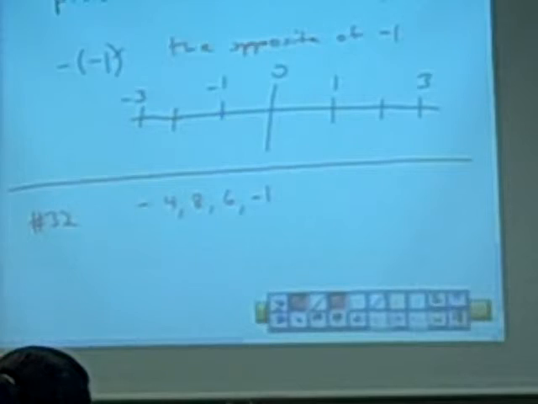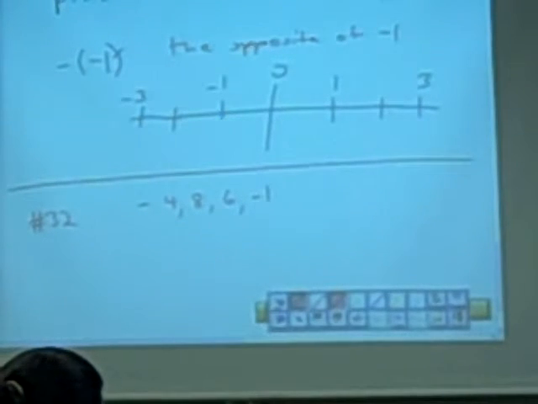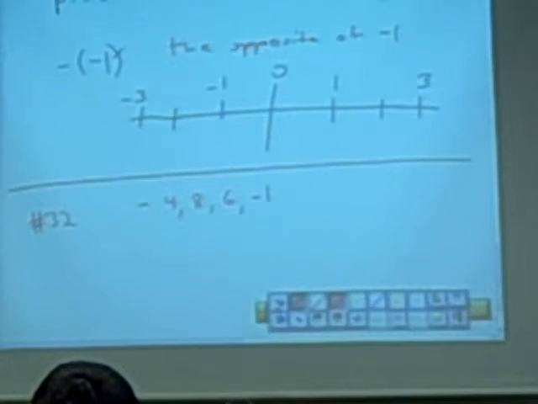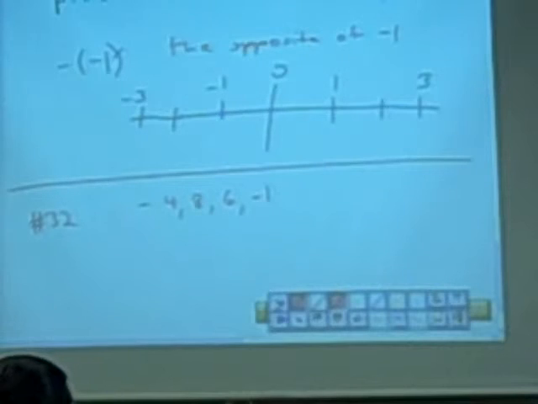Well, the opposite of a negative 1 is a positive 1. Sometimes people don't make that connection, but if you write it down and see this is the opposite of a negative 1, well, the opposite of negative 1 is what?